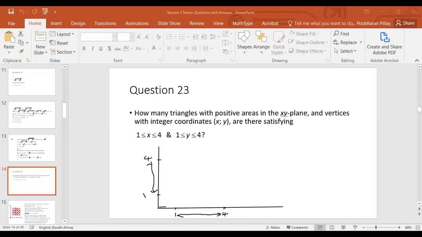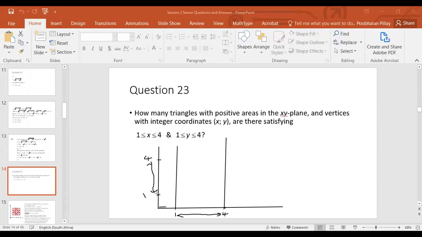So the way to do that is to look at the region that this thing specifies. You draw your vertical line at 1 to get all the numbers whose x coordinates lie between 1 and 4. You'll have this long strip here. Don't worry about the y coordinates, but the x coordinates will be between 1 and 4.